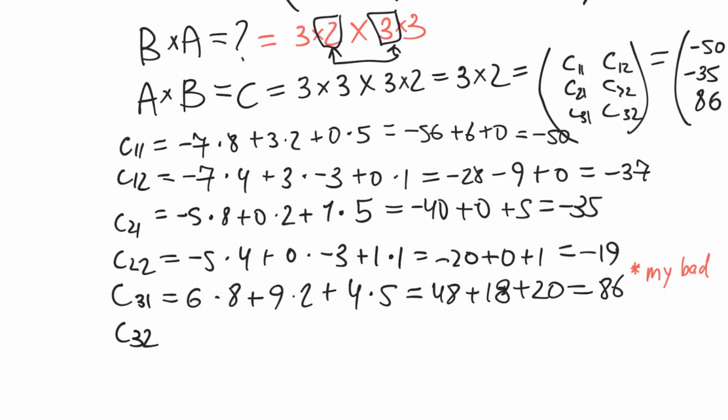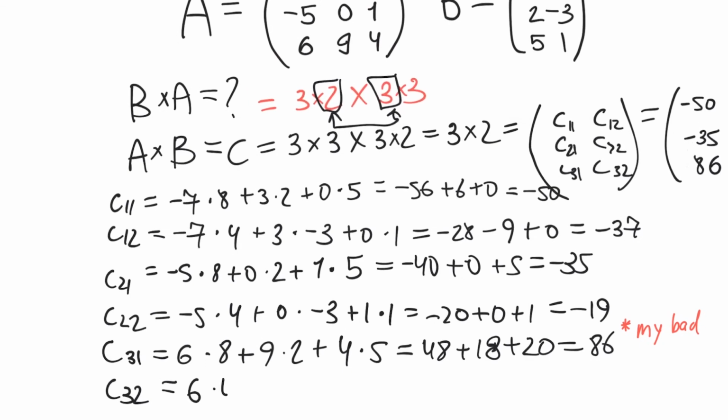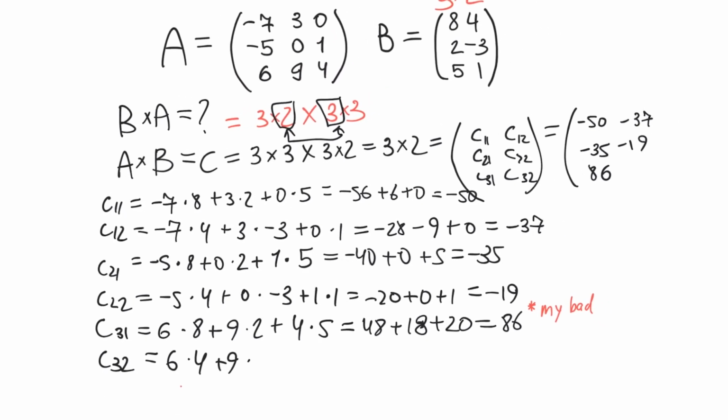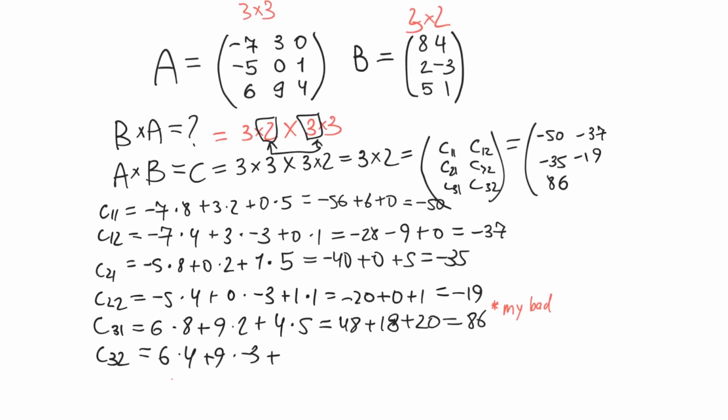And our last element is going to be C32, which equals 6 times 4 plus 9 times -3 plus 4 times 1. That equals 24 minus 27 plus 4, which gives us 28 minus 27, or just 1.